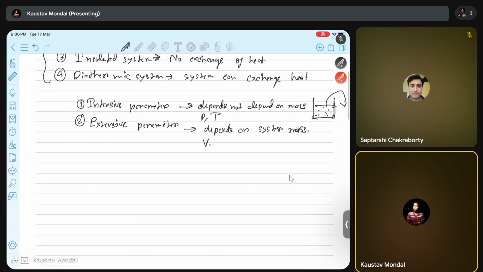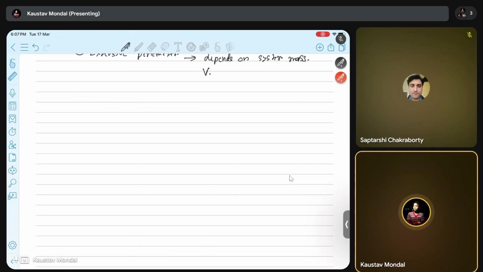Then we also talked about different types of equilibrium. There are three types of equilibrium. If a system obeys all these three types, then you can say the system is in thermodynamic equilibrium. One is thermal, that is, if the temperature of the system and the surroundings is equal, so T should be equal.